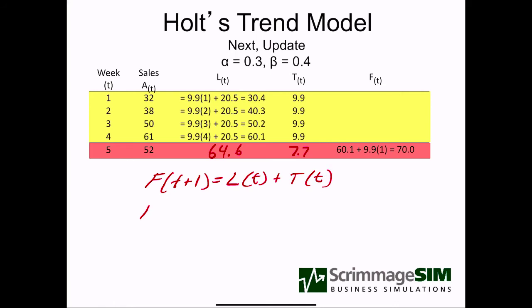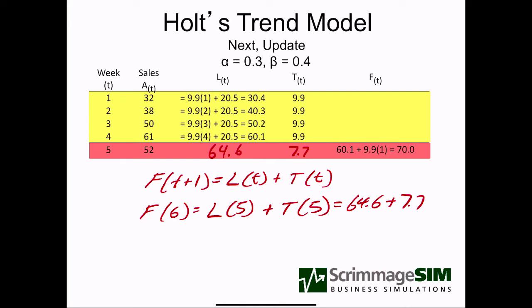We now want the forecast for period 6, so that means we take the level in period 5, which we just calculated a new value for, plus the trend in period 5, which is equal to 64.6 plus 7.7, which now gives us a forecast of 72.3.